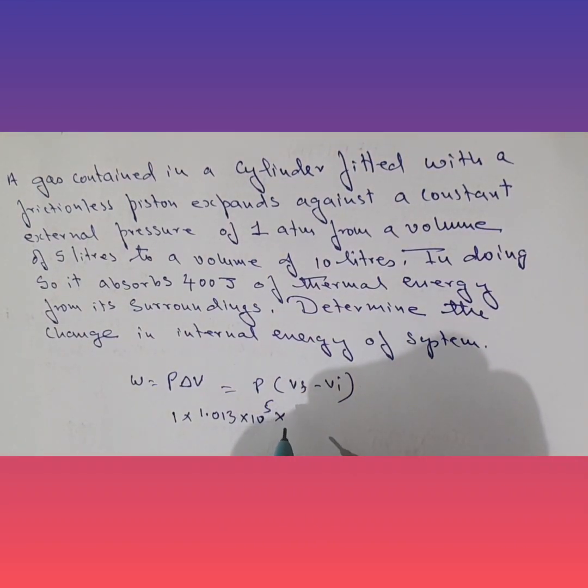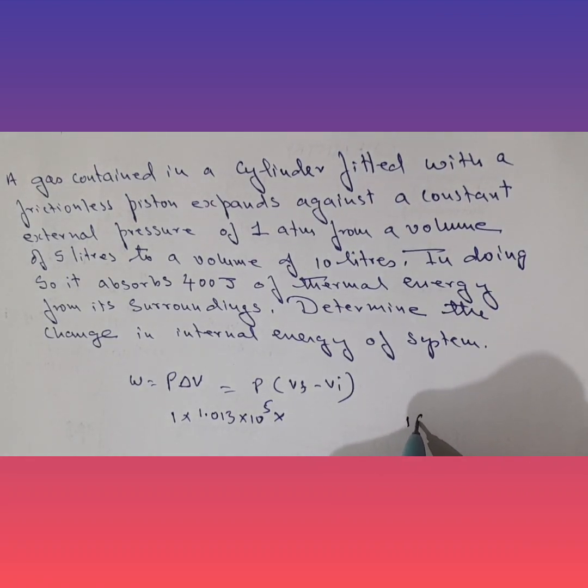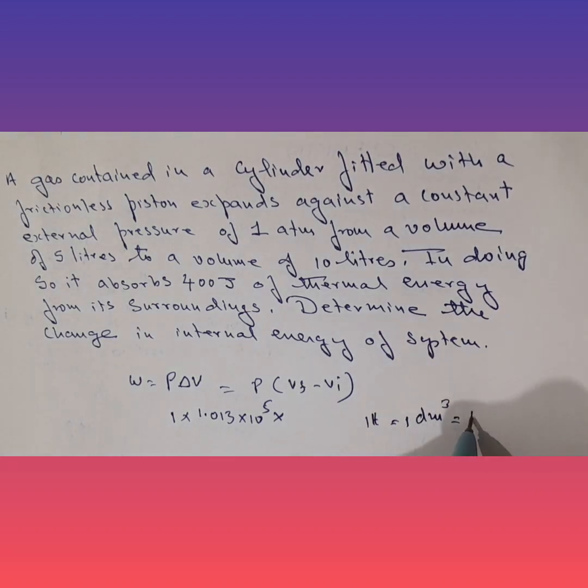Alright, so now change in volume. Volume has been provided in liter. So in my earlier video I had shown that 1 liter is 1 decimeter cube, which also is equal to 10 raised to minus 3 meter cube.